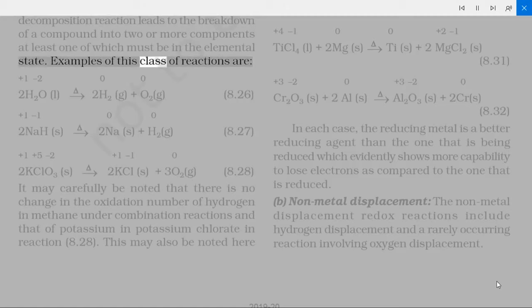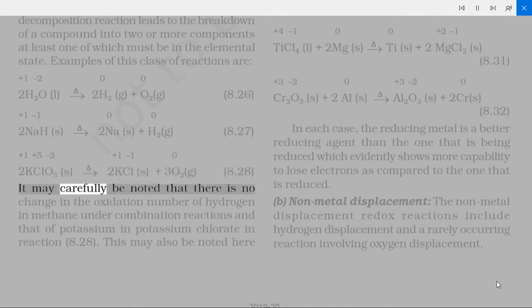Examples of this class of reactions are 2H2O(l) → 2H2(g) + O2(g), 2NaH(s) → 2Na(s) + H2(g), and 2KClO3(s) → 2KCl(s) + 3O2(g).